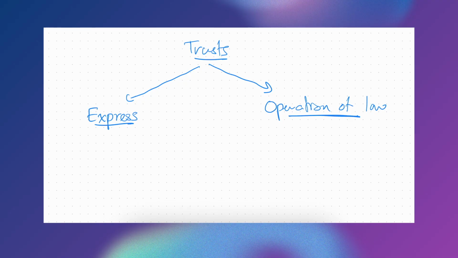Now, express trusts are then broken down into two parts: fixed trusts and discretionary trusts. What are fixed trusts versus discretionary trusts? A fixed trust is a trust where the settlor has fixed every aspect of that trust. Let's say, for example, a husband creates a trust by which he transfers his land to a trustee to hold on trust for the wife during her lifetime, and after that for the children.